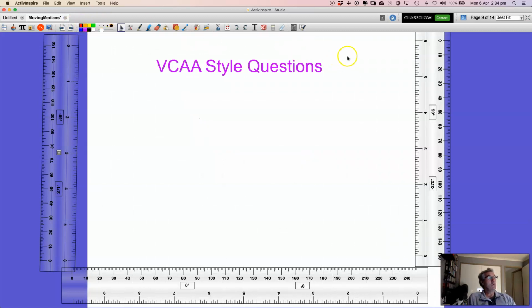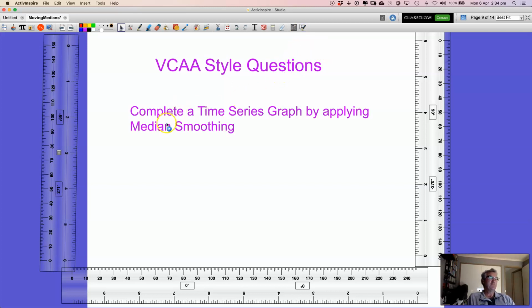Righto. Now, with VCAA, you're going to hit 2 styles of questions you need to consider. First style of question is basically going to ask you to complete a time series plot by applying 3, 5, 7 median smoothing, whatever that is.